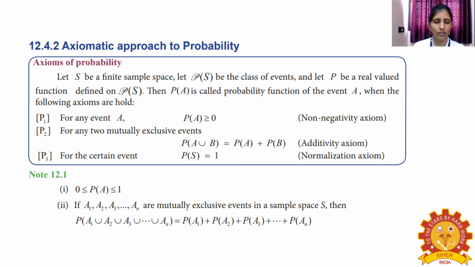We have to note that the probability of A varies from 0 to 1, and if A1, A2, A3 to AN are mutually exclusive events in a sample space S, then P of A1 union A2 union A3 to union of AN is equal to, instead of this union symbol, we use the addition symbol here. So these are certain conditions for the axioms of probability.